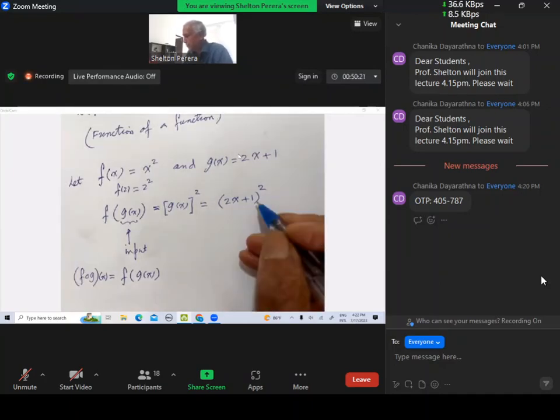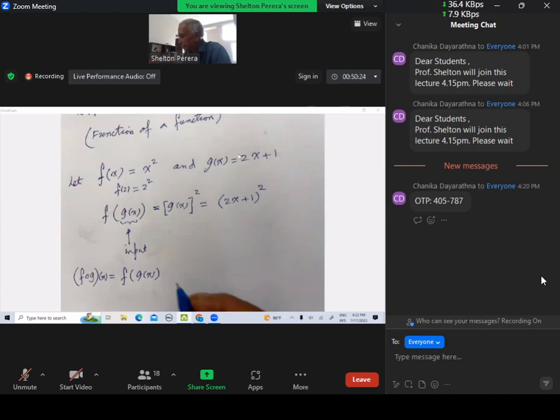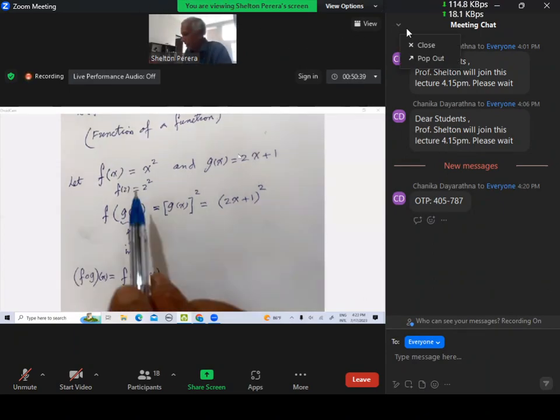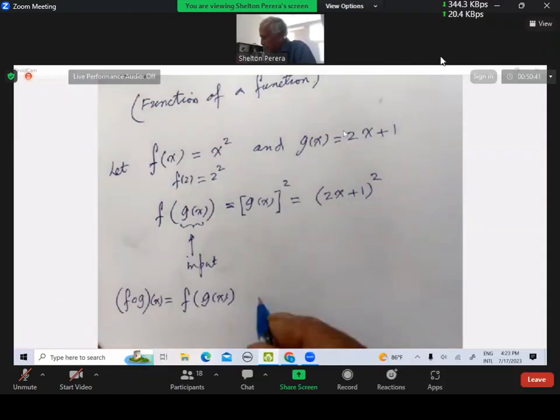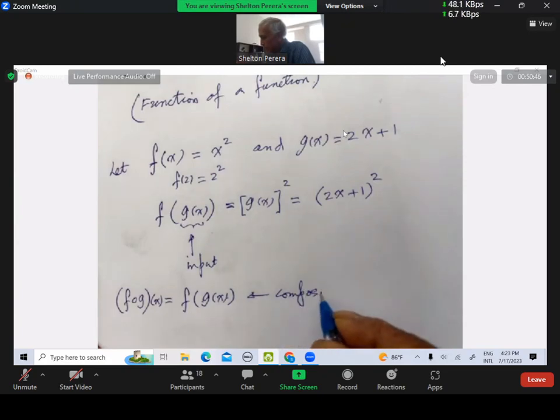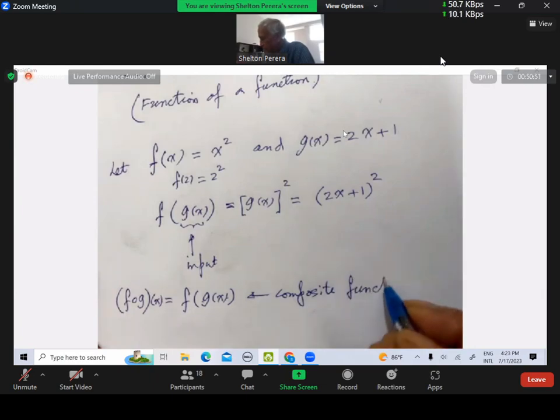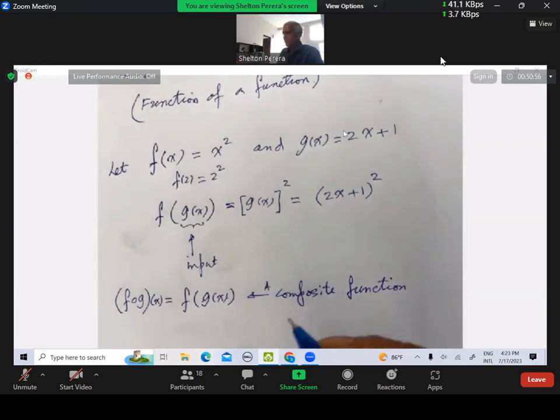Here x must be in the domain of g, and g of x must be in the domain of f. Otherwise the rules are not defined. So this is called the composite function, the composition of two functions.